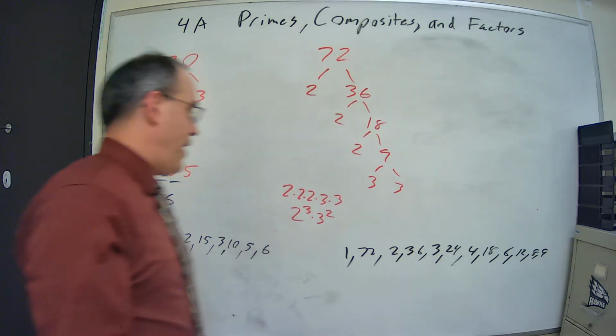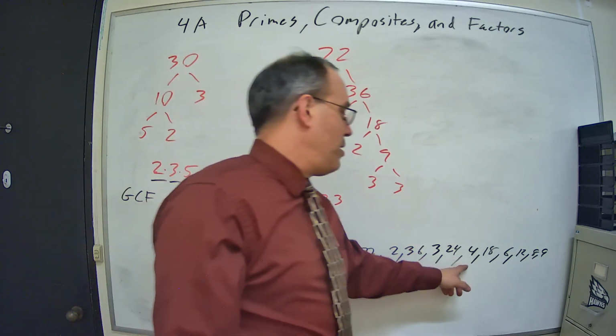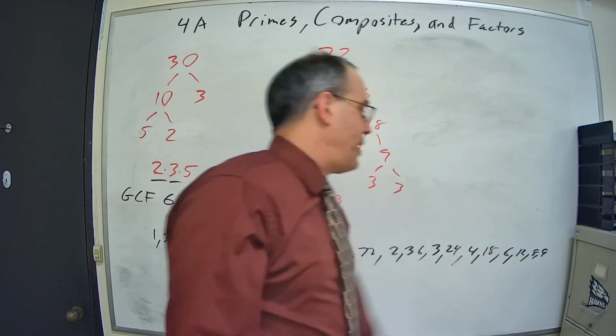So there's all of our factors of that: 1, 72, 2, 36, 3, 24, 4, 18, 6, 12, 8, and 9.